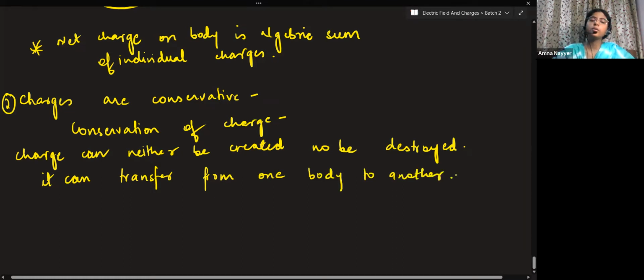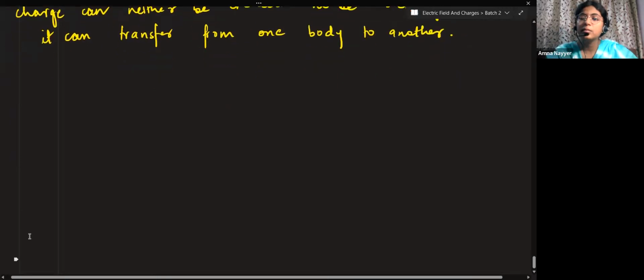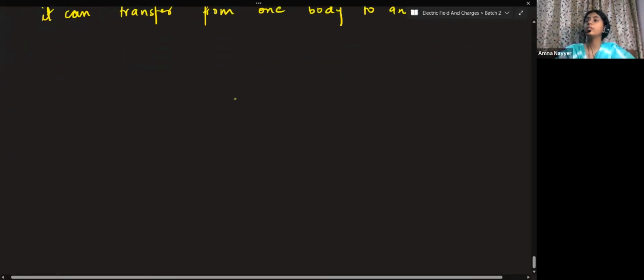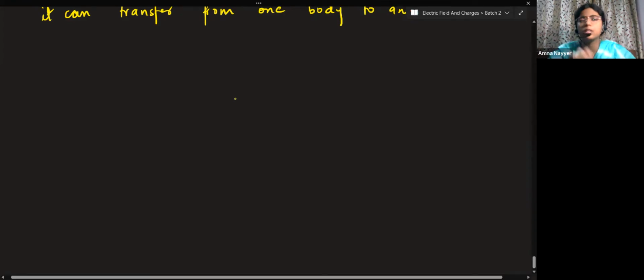You cannot say that if a body is negatively charged, the body has an excess of electrons due to creation of some electrons. Electrons have just transferred from one body, so net charge will be the same only. It's just the distribution of mobile charges that has occurred.